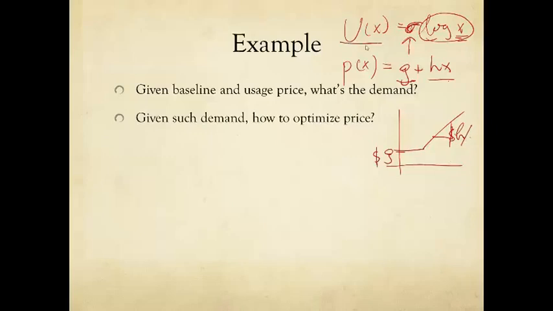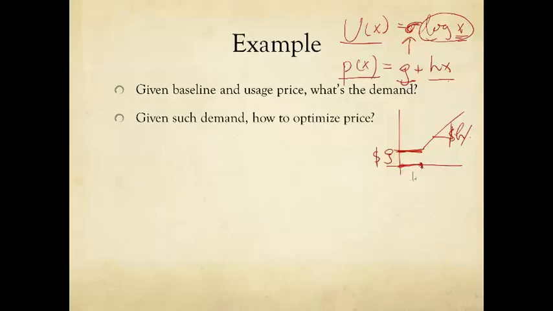So I'm going to look at these two functions. On the consumer side is the utility function, sigma times log of x, and on the carrier side, the price P of x equals G plus Hx. And I'll ignore this horizontal shift in the demand, because by paying G you actually get a fixed amount of data.